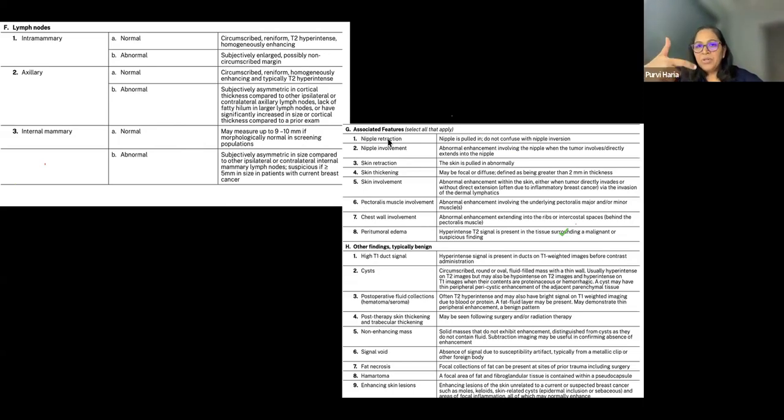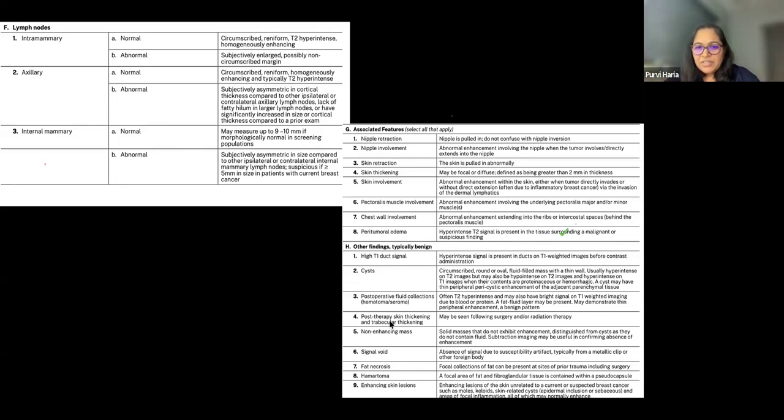What is happening to the nipple? Is there any nipple retraction or involvement, skin retraction, chest wall involvement, and pectoral muscle involvement, and also peritumoral edema, which, as I mentioned, is better seen on STIR or T2-weighted images.